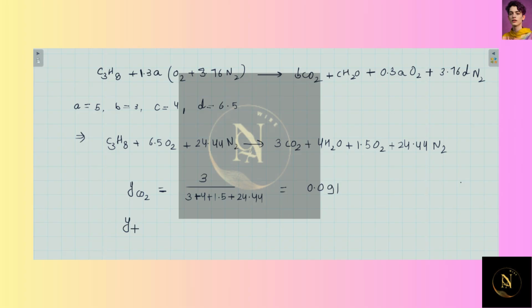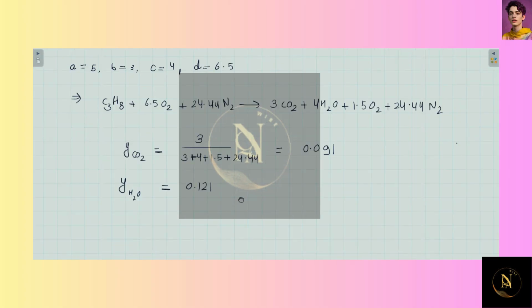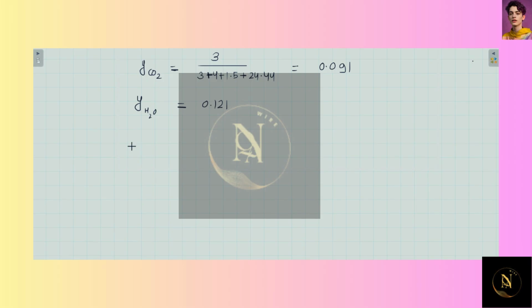Similarly, we can find the mole fraction of H2O, that comes out to be 0.121. The mole fractions of oxygen and nitrogen will come out to be 0.046 and 0.742.